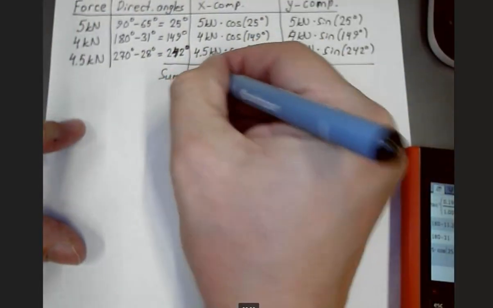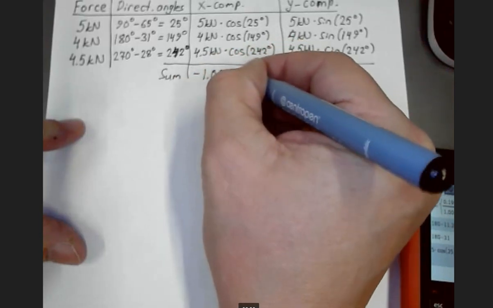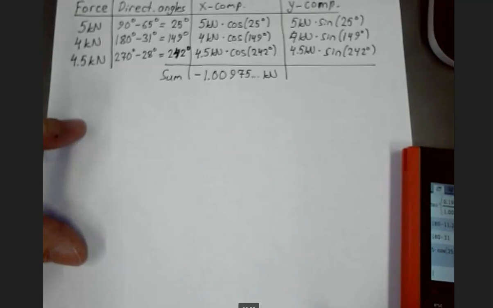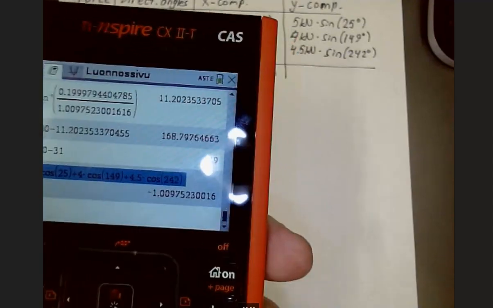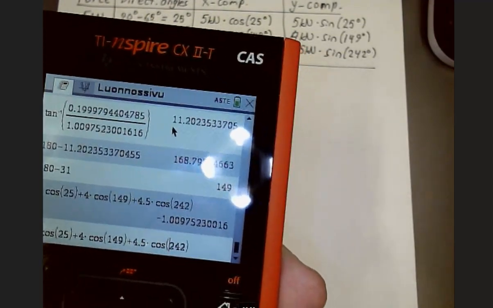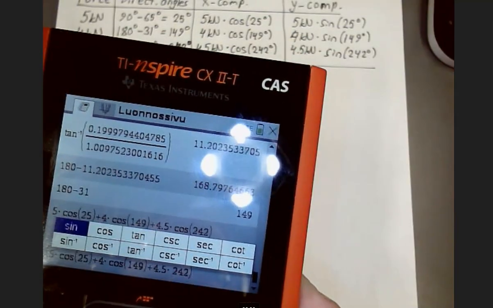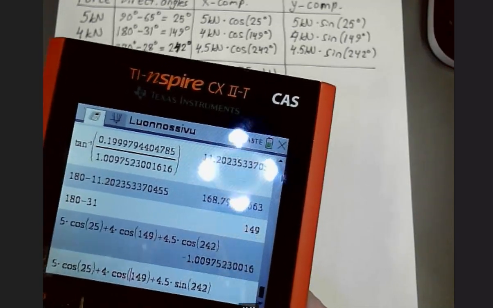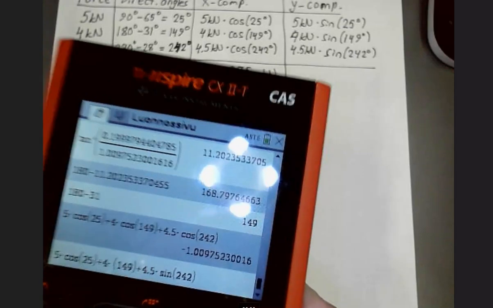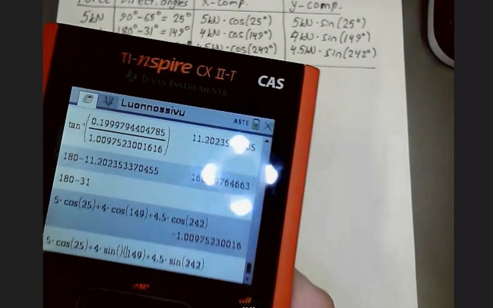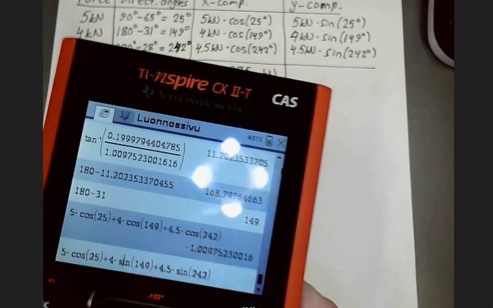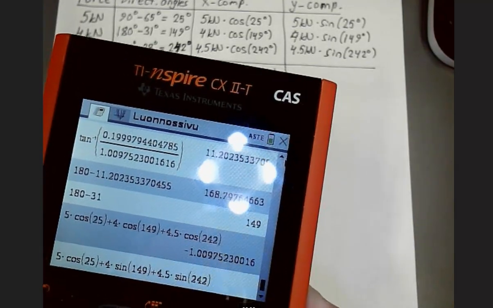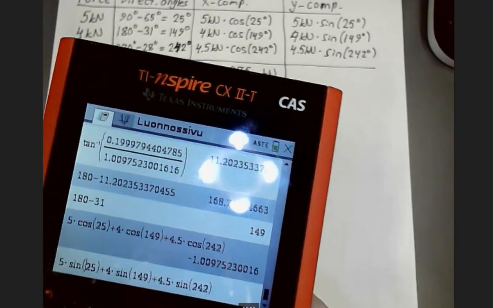So this will be minus 1.00975 kilonewtons. And with the calculator I can change those cosines to sines quite easily. Well, there are some problems, but I don't need to write the expression totally again.